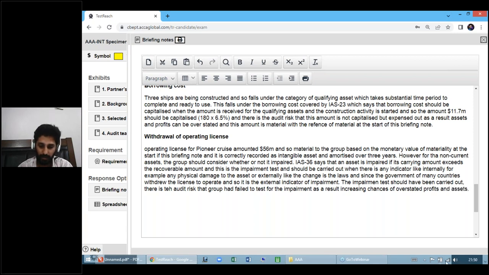As a result, there are increasing chances of overstated profits and assets. Now, this is not the matter of IAS 38. Yes, exactly.